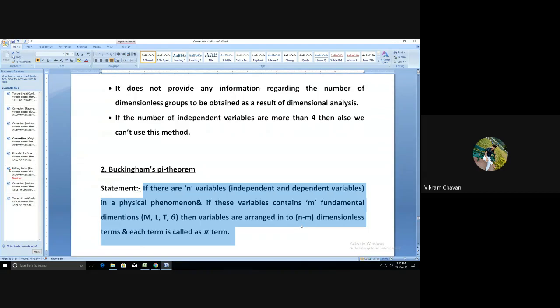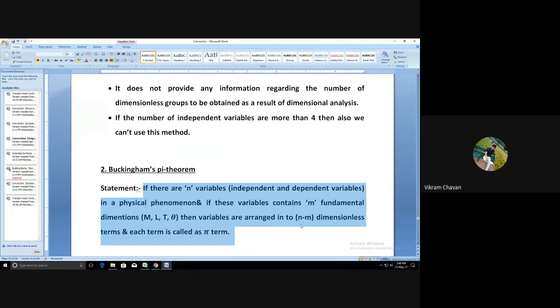So the subtraction n minus m provides the number of dimensionless terms present in that physical phenomenon, and each dimensionless term will be treated as a pi term. Is everyone getting it? Each dimensionless term will be treated as a pi term.